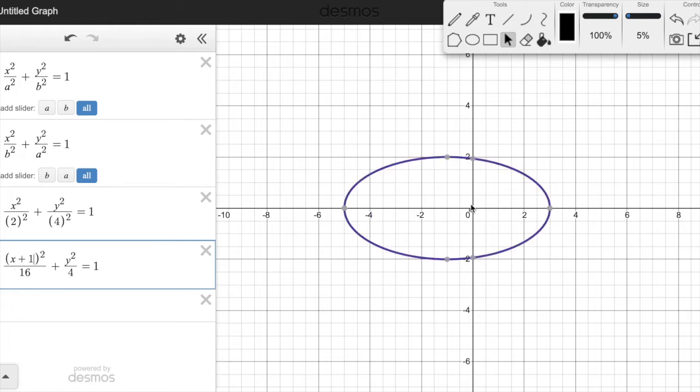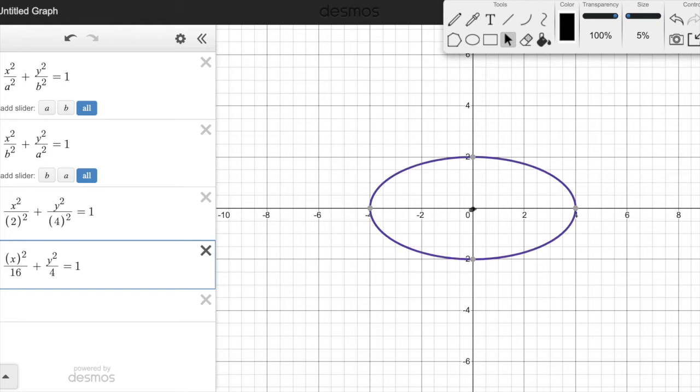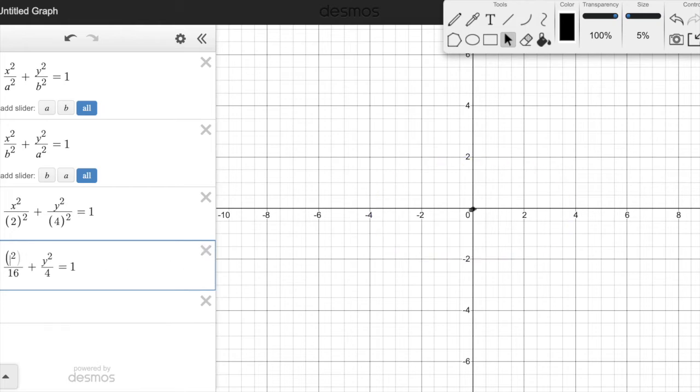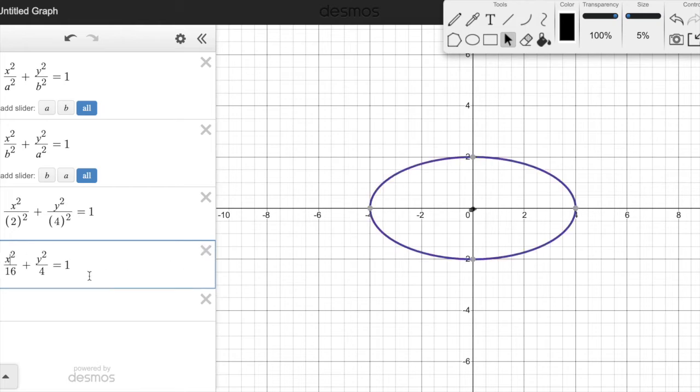With +1, this goes over to the left. It goes over 1. So we'll talk about that more, like I said, on the IXL. Okay, so that's back to normal. So that is the center. Maybe I can label it here. Center. Yeah, that's not too bad.